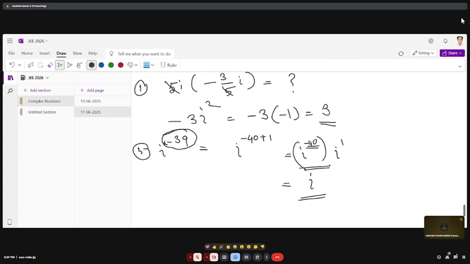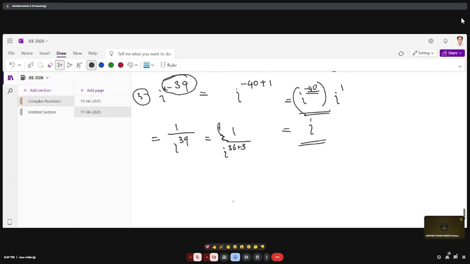If you see something like i power minus 39, you should write it as i power minus 40 plus 1, not like 1 by. You can write like 1 by also, but it's making it more complex. If you do that, you have to write it as 1 by i power 39, which is 1 by i power 36 plus 3. So that means 1 by i cube, because 36 is a multiple of 4, so we can remove it. And 1 by i cube is 1 by minus i.